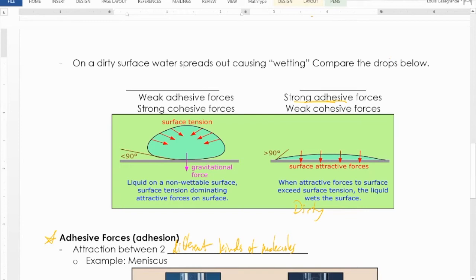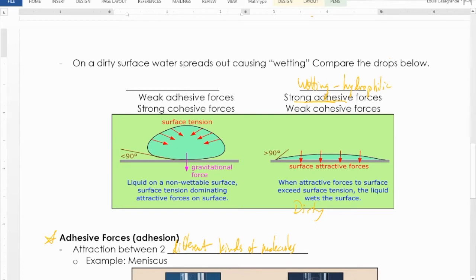So the surface of the material and the water are two different materials. Strong adhesive forces, weak cohesive forces. This is wetting. And wetting occurs on what we call a hydrophilic, a Greek word meaning water-loving, hydrophilic surface.